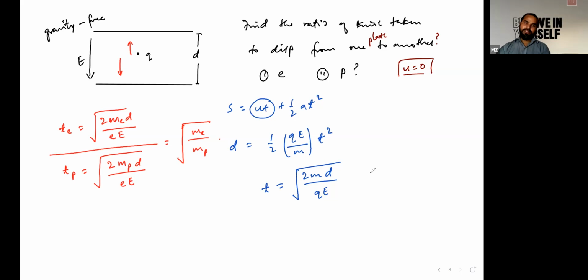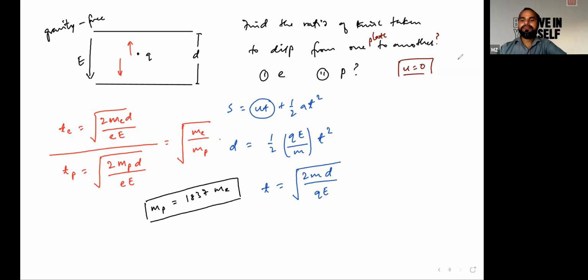If they ask which will take longer time, you will say mass of proton is 1837 times mass of electron. Proton is much heavier compared to electron, and time is directly proportional to the mass of the particle, so proton will take longer time to move the same distance in that electric field.